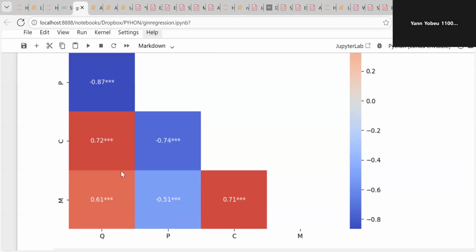Which is the next pair? The next pair is the price of complement and quantity demanded. 0.74. Very good. I said two pairs, so you've mentioned two pairs. That's perfect.